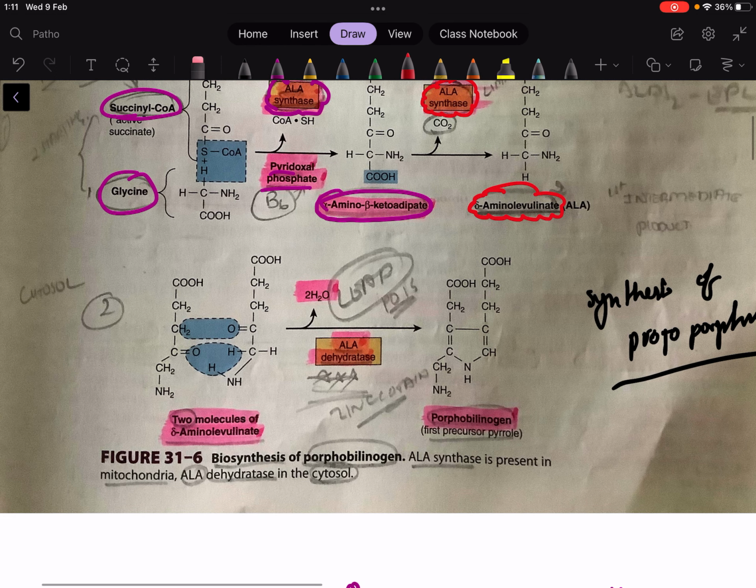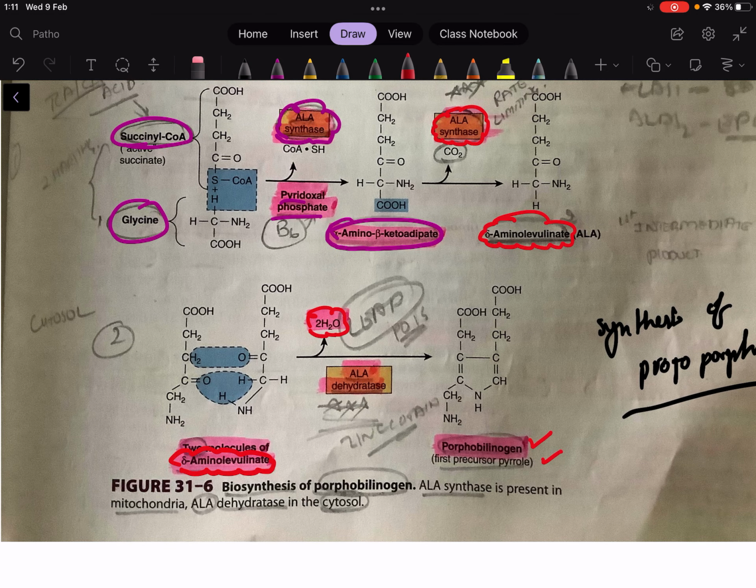And finally, the delta amino levulinate in the presence of ALA dehydratase, as you can see here, water is getting kicked out during this reaction and it is converted into porphobilinogen, which is the first precursor of your pyrrole ring.